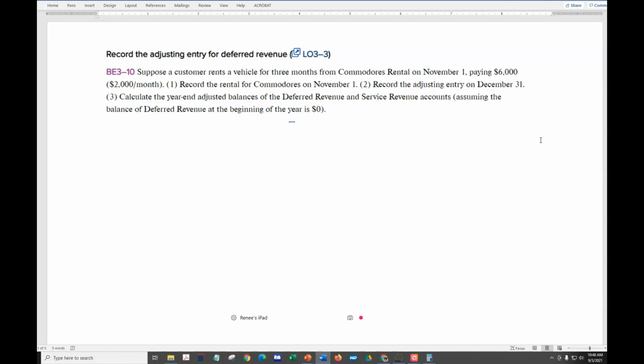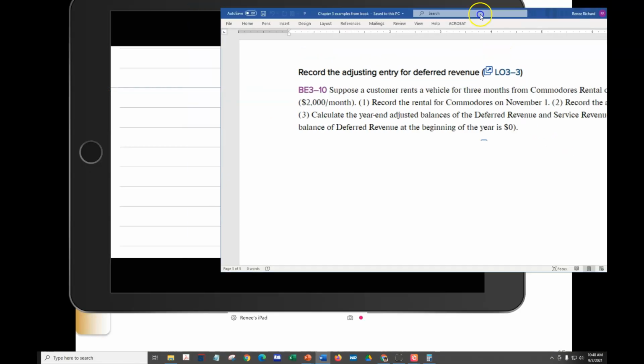So the customer paid Commodore's $6,000 in advance. We're asked to, number one, record that rental on November 1st for Commodore's. Pay attention to who you're doing the entry for. And number two, record the adjusting entry at December 31st.